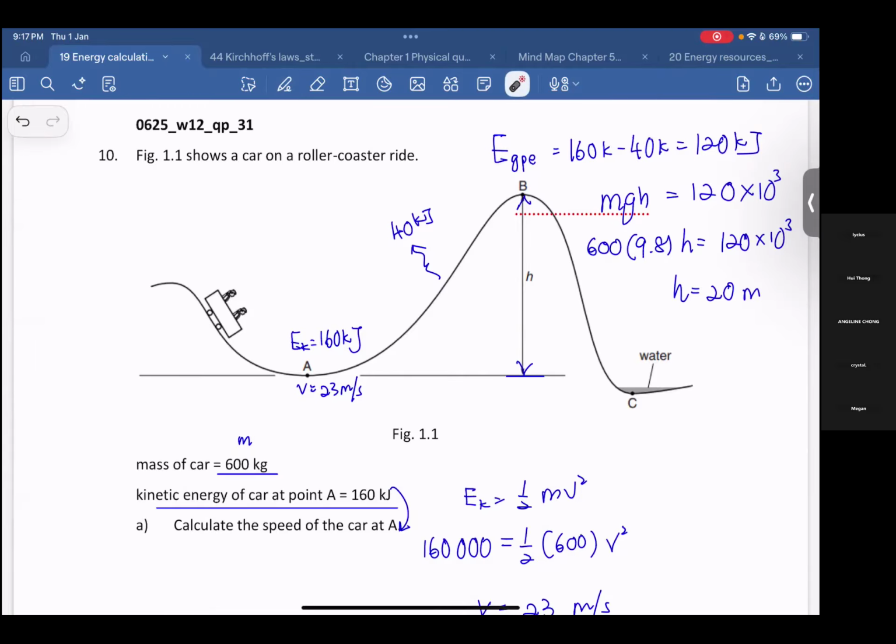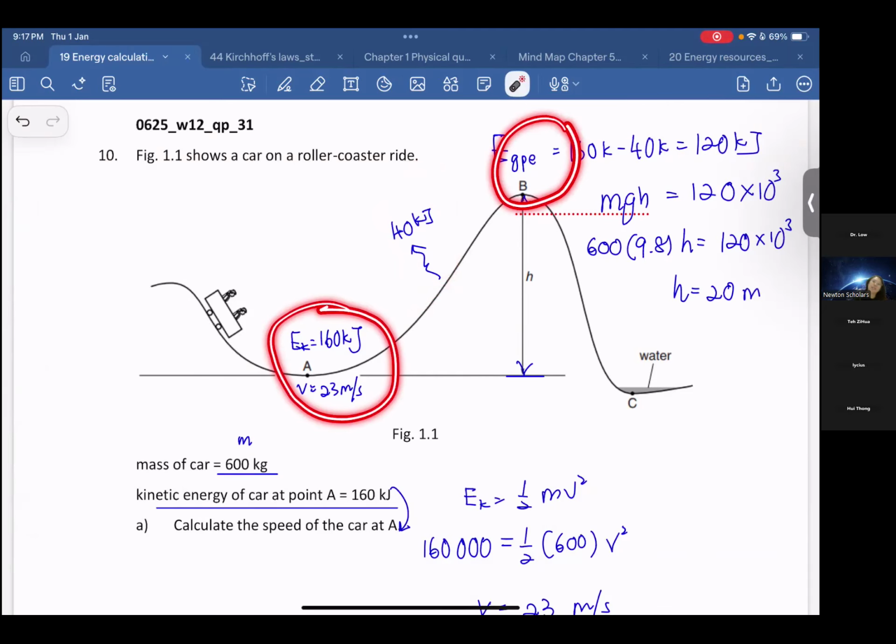Just now, for all the calculation, we used the perfect case. Ignore the air resistance, ignore the friction. But right now, in this question, they tell you there is some losing. So they might ask you to calculate this, and then ask how much energy is lost to the surrounding due to the friction. So you use 160 minus 120, then you know it's 40.